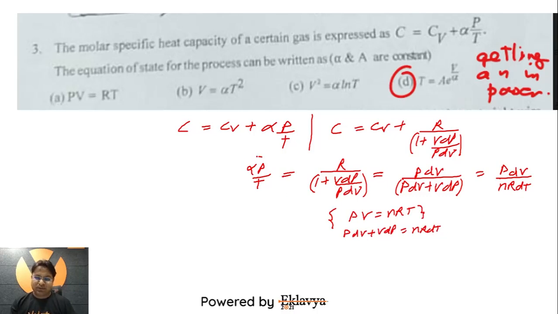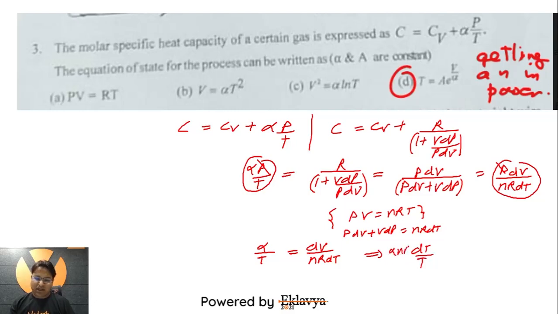Once we do this, we can say that this quantity is equal to this quantity. The P will get eliminated and we get alpha by T is equal to dV upon nRdT. This can now be written as dT by T into alpha nR. Let's keep the constant quantities together.